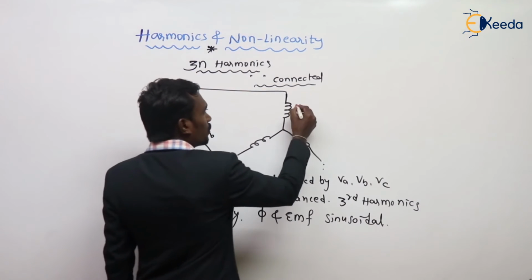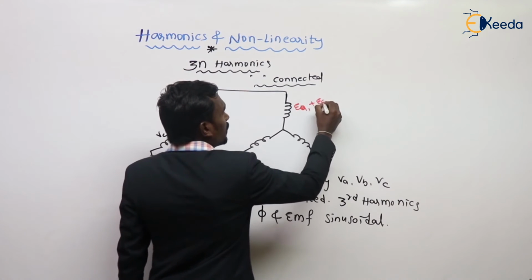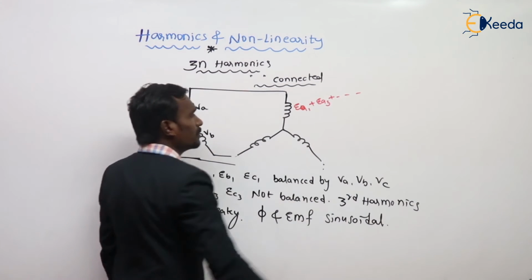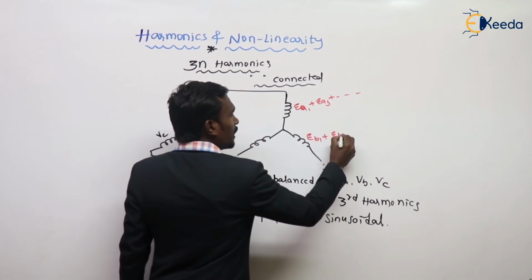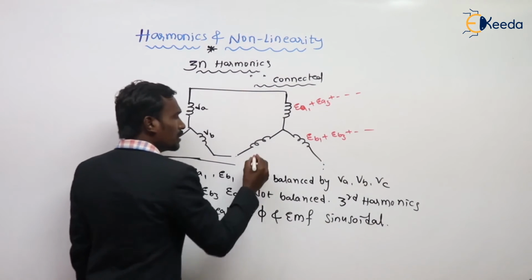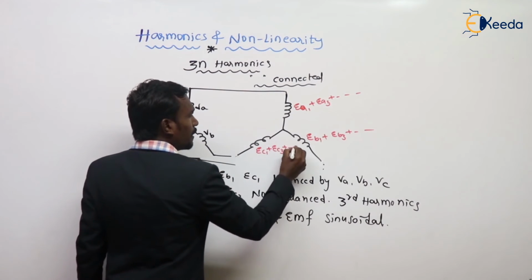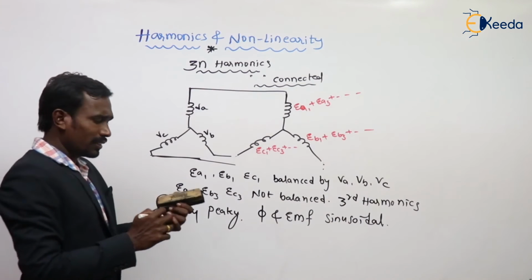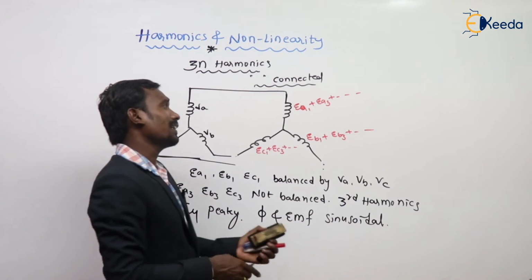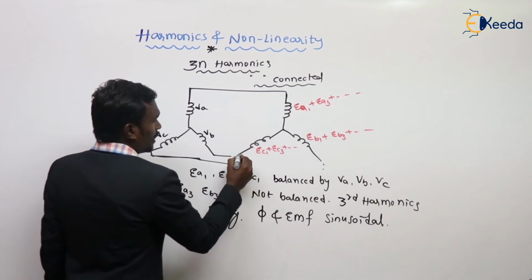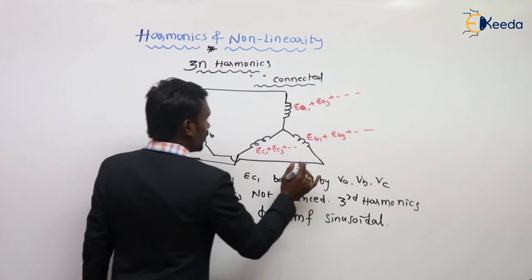Of course, here also I have EA1 plus EA3 plus and so on, EB1 plus EB3 plus and so on, and EC1 plus EC3 plus and so on. These are the EMFs produced in the transformer, fundamental and third harmonics.